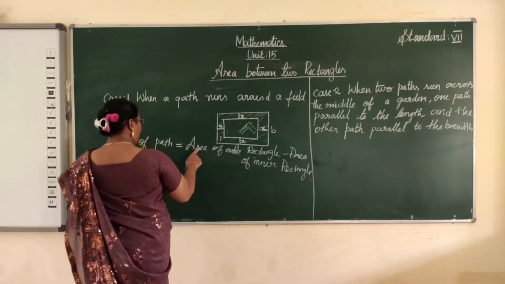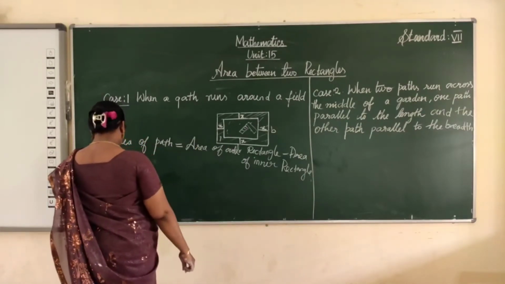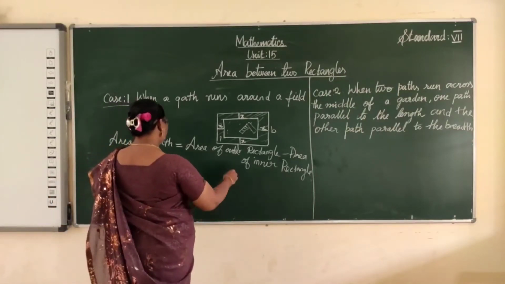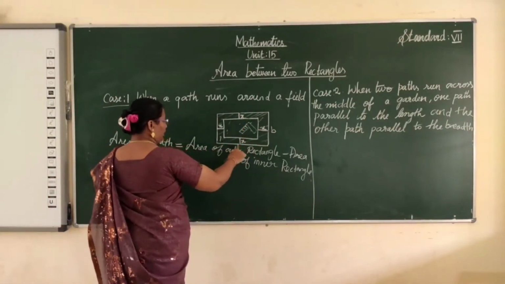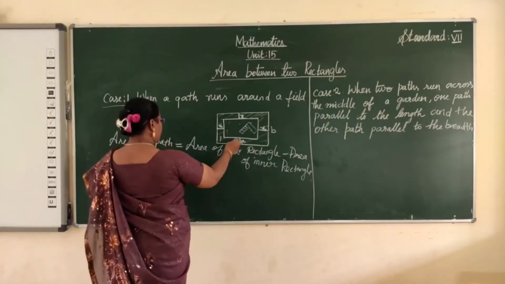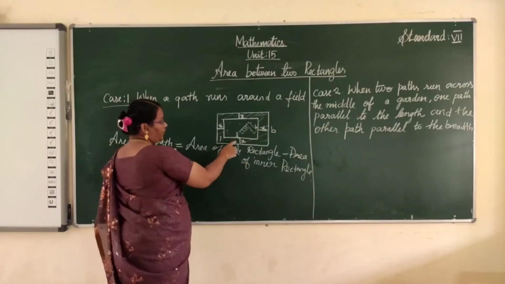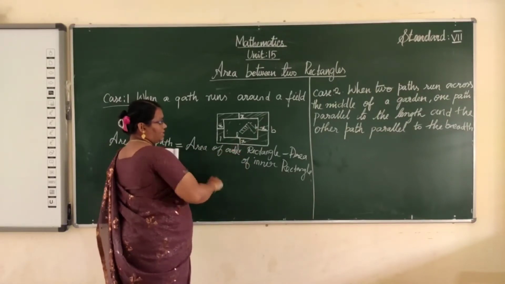Okay, so how to find out the area of the outer rectangle? See the outer rectangle, this is the outer rectangle. Okay, so inner rectangle we have considered L and b. But the width of the path around the outer rectangle is x.